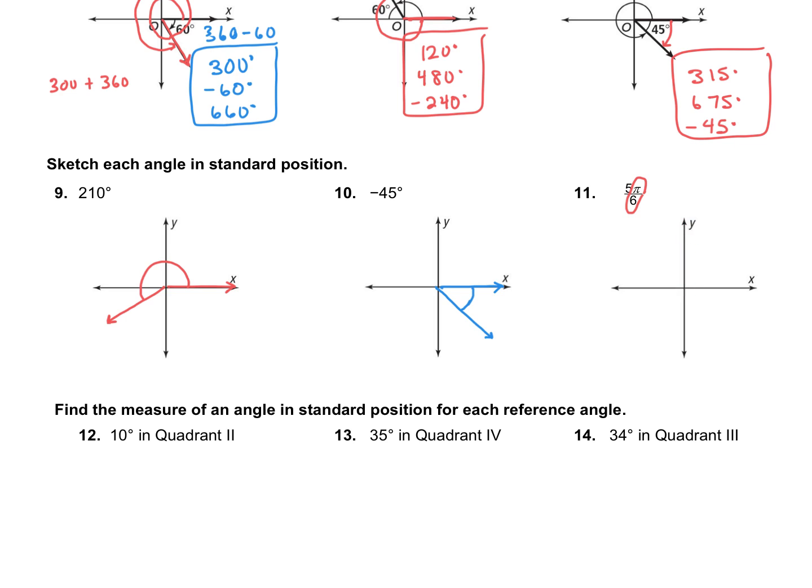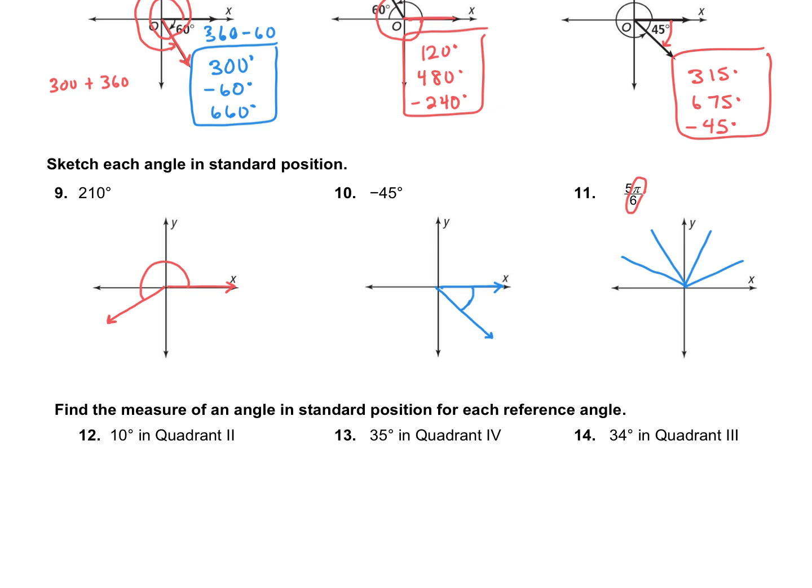So we're going to take pi and divide it into 6 equal sections, which means we will have 3 sections over here and 3 sections over here. So each of these is a pi over 6, pi over 6, pi over 6, pi over 6, and so on. And there's our 6 pi's over 6.